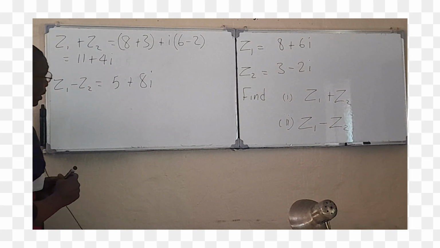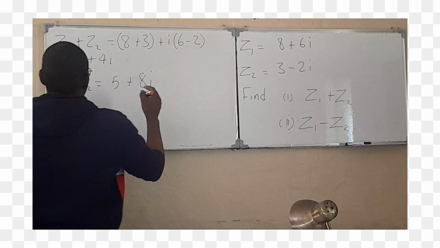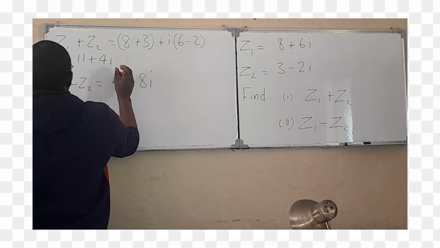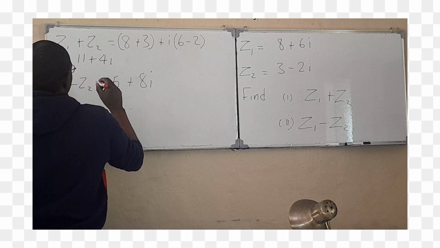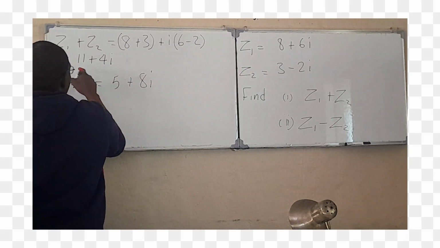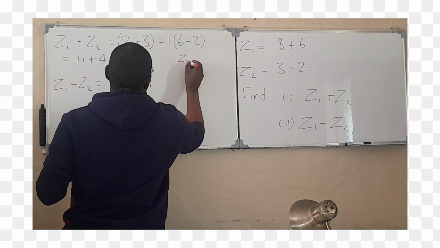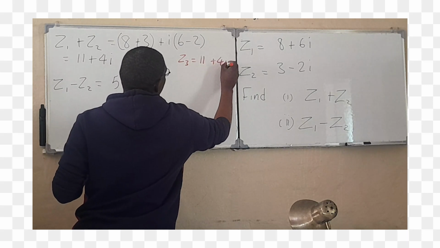Let me just write in red here the two quantities we have obtained. Let's call the sum Z3. Z3, we found, is 11 plus 4i.